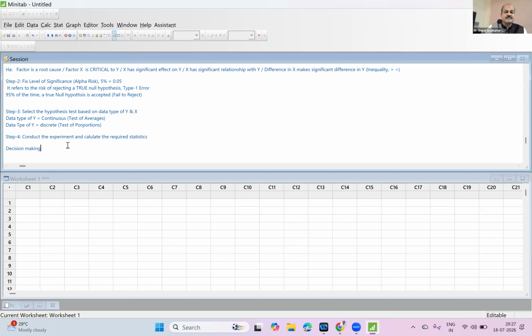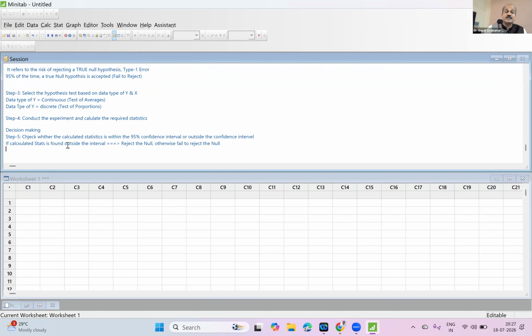So step number 5 is actually decision making. And how we make the decision, I have explained here. You just have to check whether the value is within the confidence interval or not. If it's within the confidence interval, don't reject. But if it is outside the confidence interval, reject. Once we do an example, it will be very, very clear.